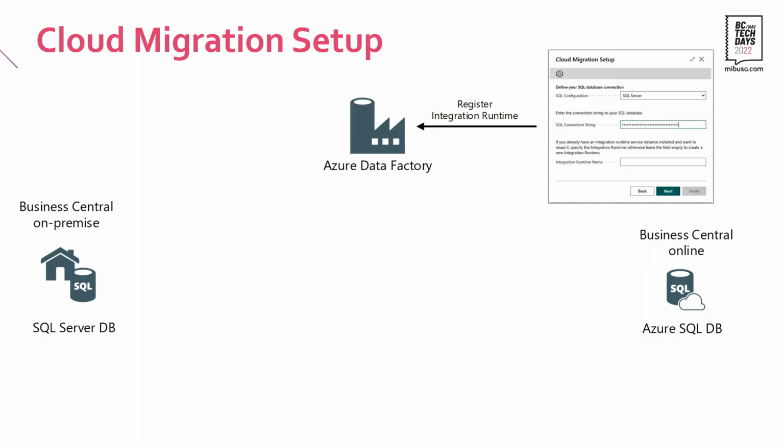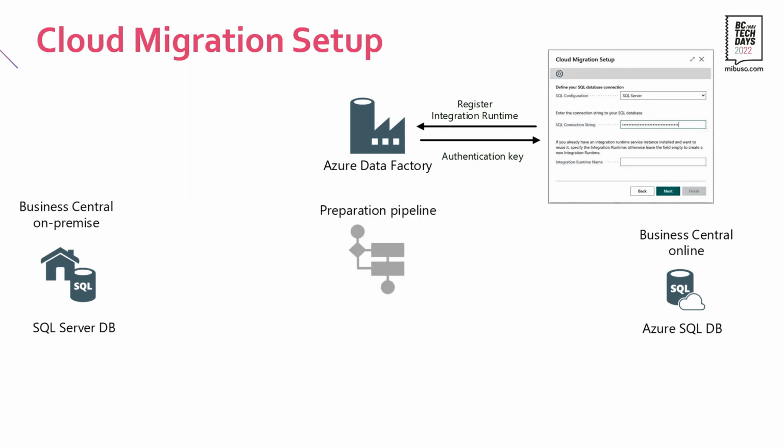We have several Azure Data Factories running, and we use load balancing to find the best one for a particular cloud migration run. And in the first step, we register your integration runtime, we exchange the authentication key, and then these two are linked.